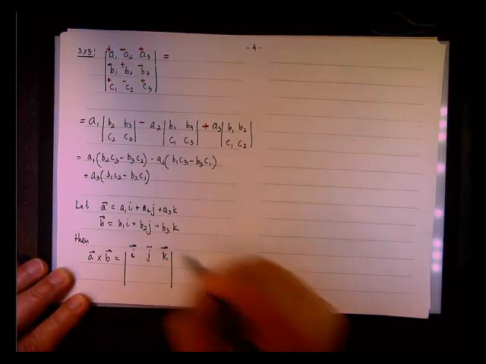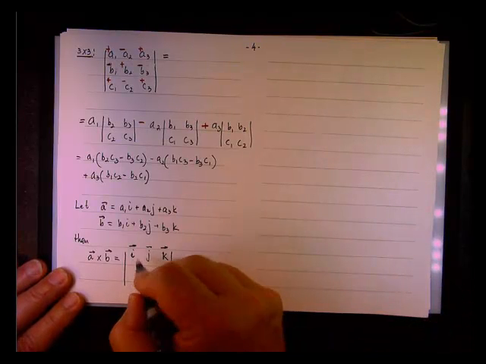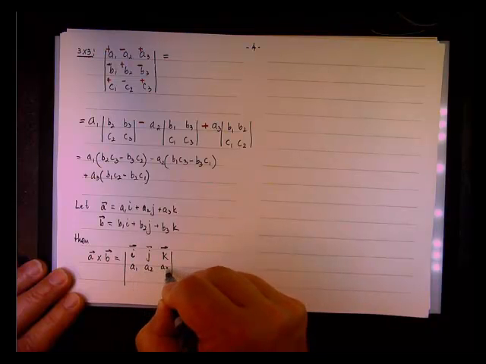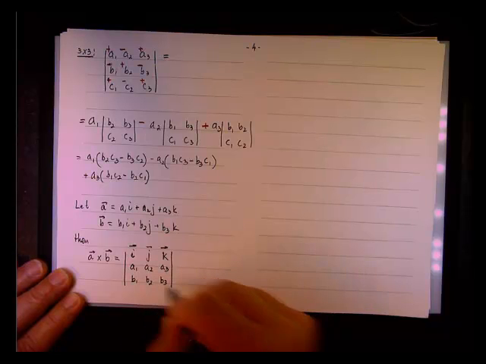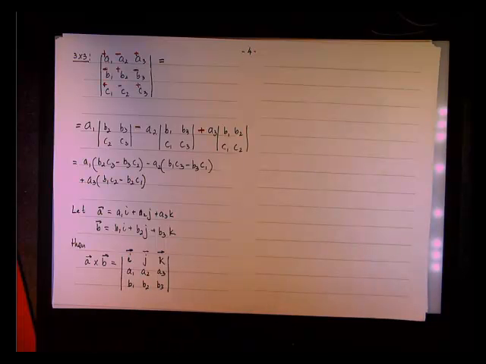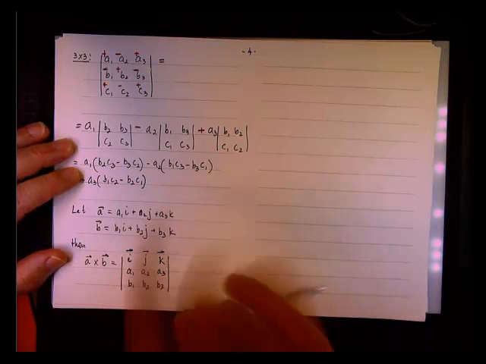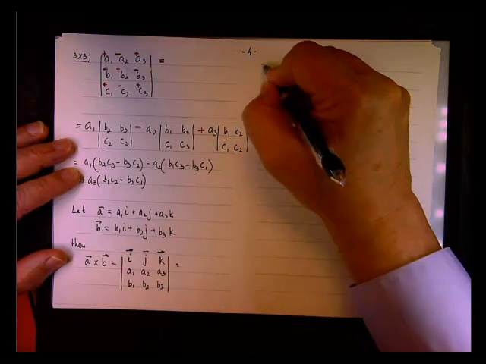Instead of scalars, we're going to use I, J, K as the direction. So this row will be vectors, the standard unit vectors. Then here we write A1, A2, A3, the components of vector A, and then B1, B2, B3 as the components of vector B.